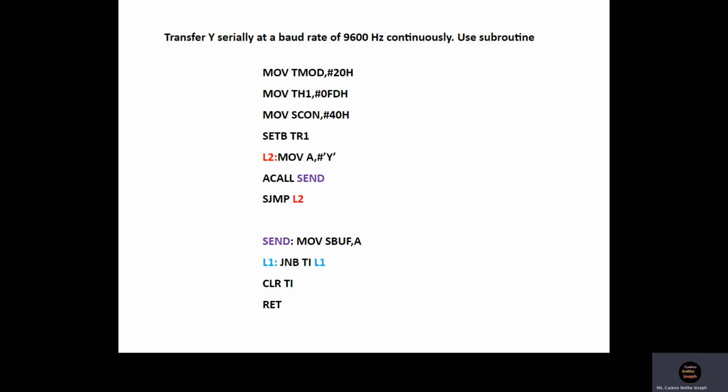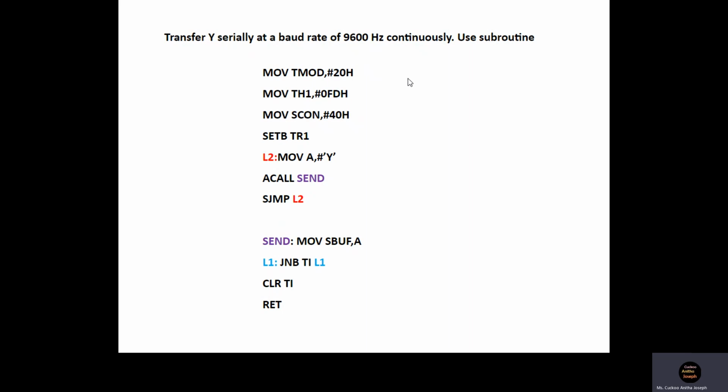Once we have selected mode 1 for serial communication, we have to configure timer 1 in auto reload mode, that is mode 2. The TMOD register has the bit pattern GATE, C/T bar, M1, M0, GATE, C/T bar, M1, M0. The upper nibble is for timer 1, and in serial communication we have to configure timer 1 in mode 2.